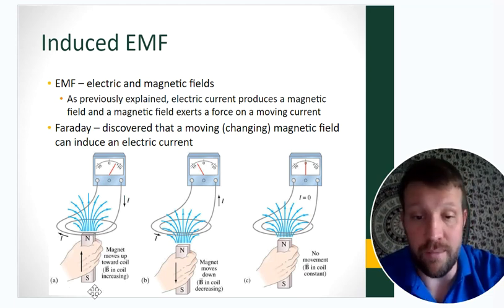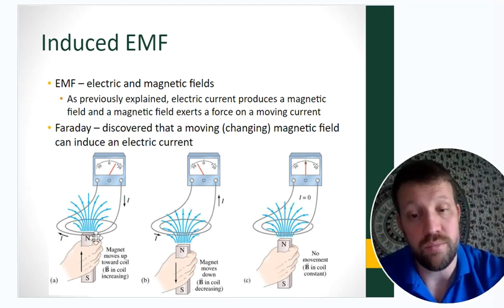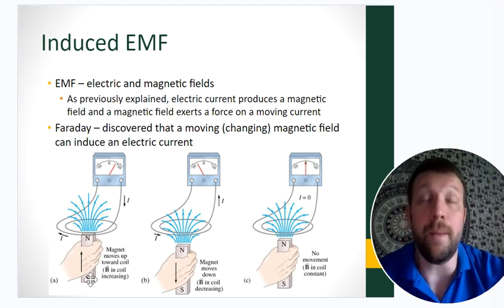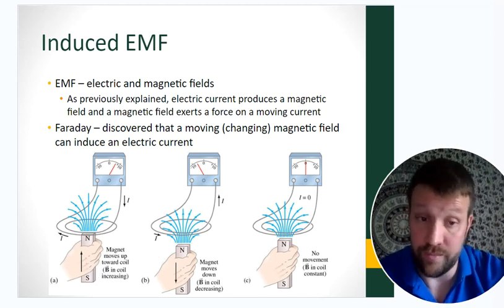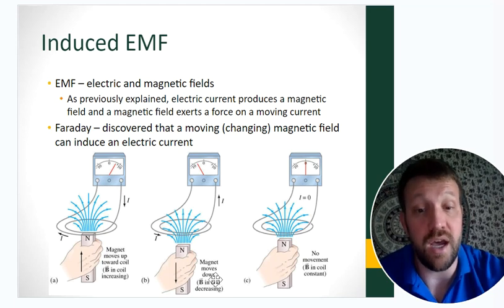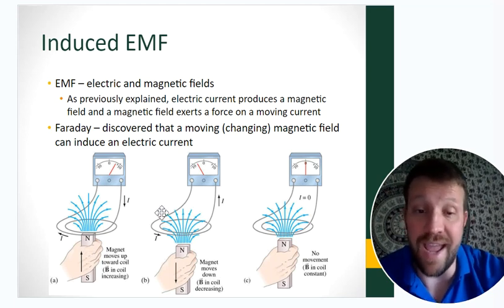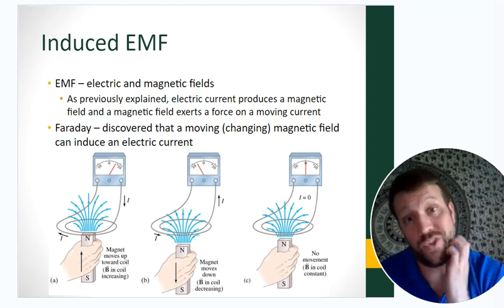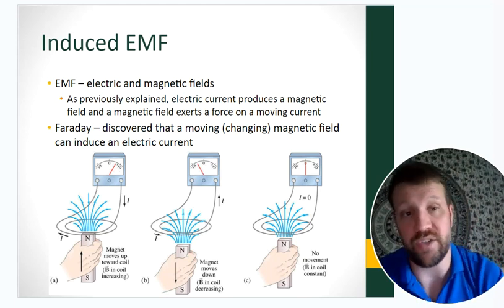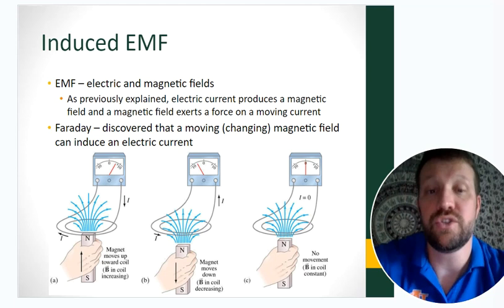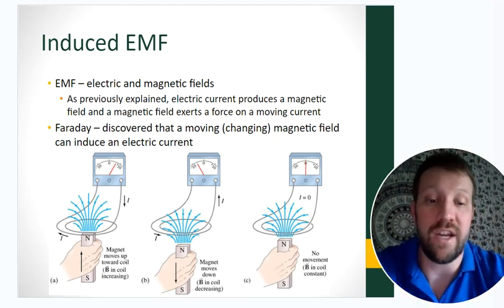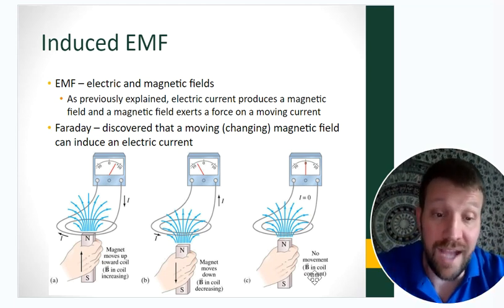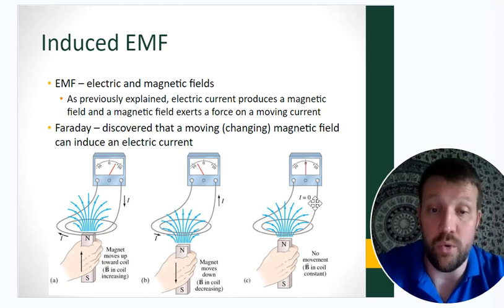So moving this magnet up and down through the coil of wire creates this current. Moving it up and down will create a current that's one direction and then the other direction, and this is how we get what's known as an alternating current, but we don't actually have to worry about that in AP Physics 2, so that would be for a later class. But not moving it will create no current.